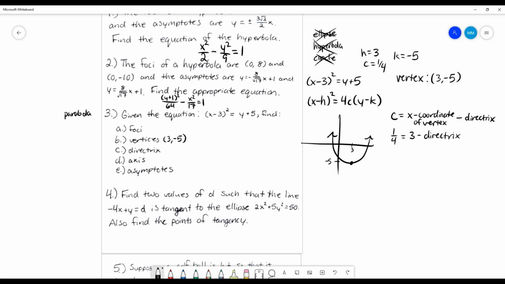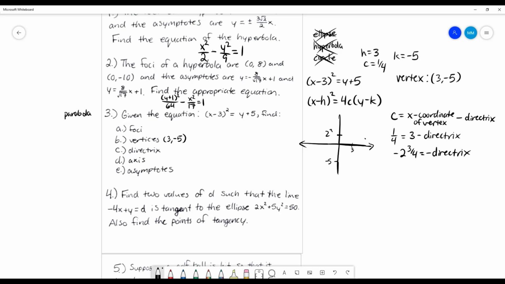If I subtract 3 from both sides, I get negative 2 3/4 equals negative directrix. So our directrix is 2 3/4. Oh, interesting. I might have gotten the direction of our parabolic curve backwards, because the directrix is typically on the bottom, technically.